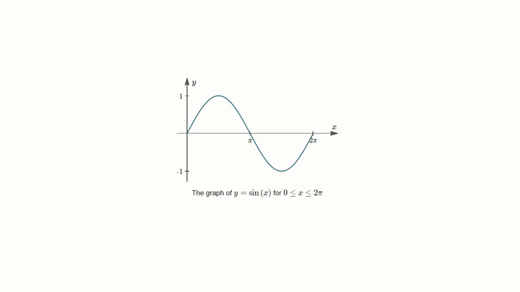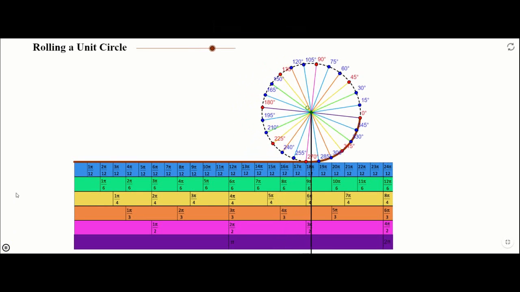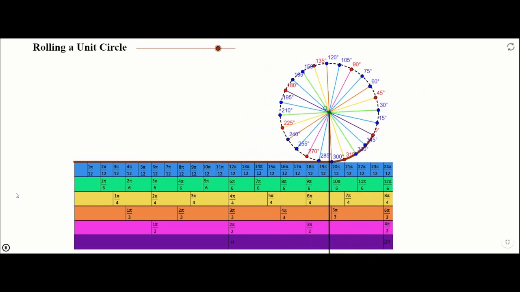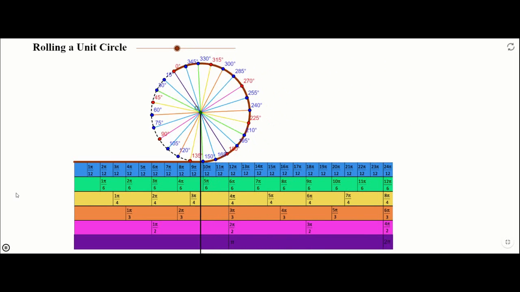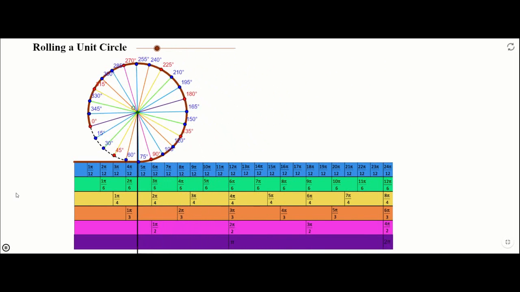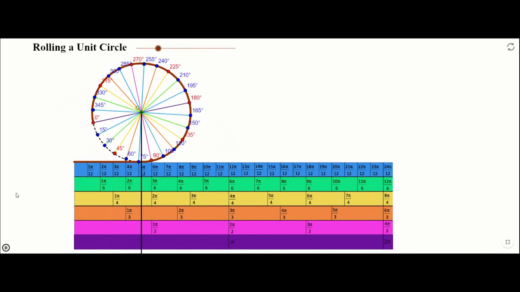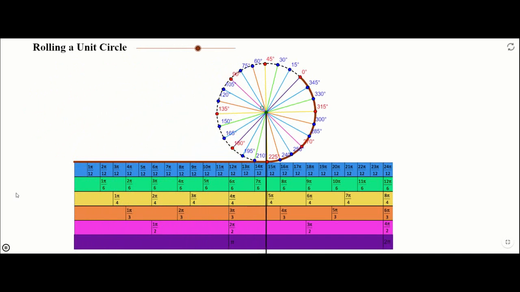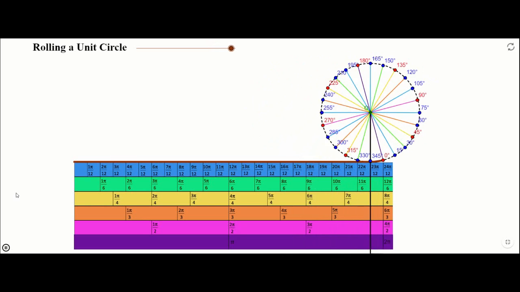I'm going to leave you in this video now with this animation just for you to watch and maybe figure out what's going on. Okay, that's quite enough of that.